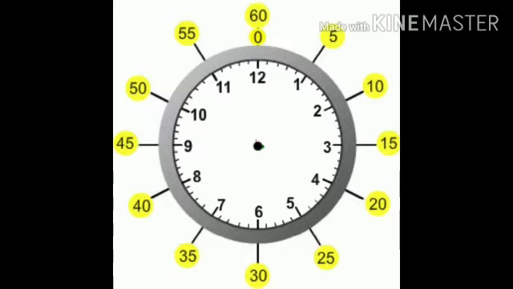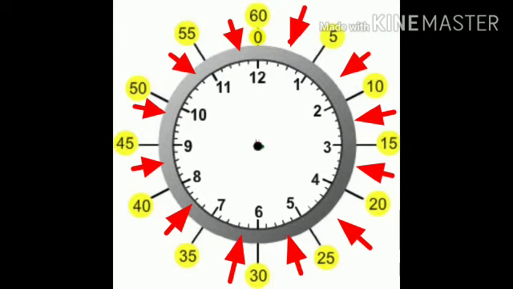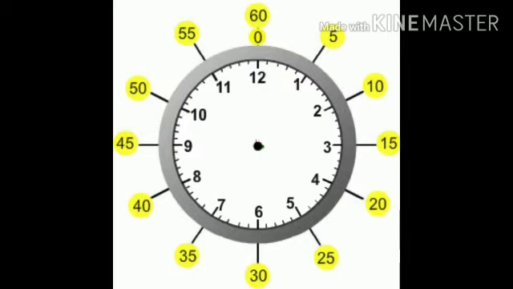Each big division has 5 small divisions. For example, between any two numbers, there are 5 small divisions. These 5 divisions refer to 5 minutes. So, between 12 to 1, there are 5 minutes. From 1 to 2, there are 5 minutes.